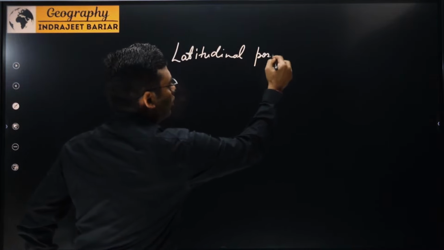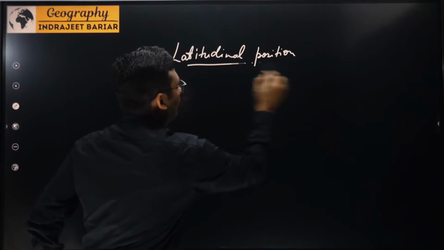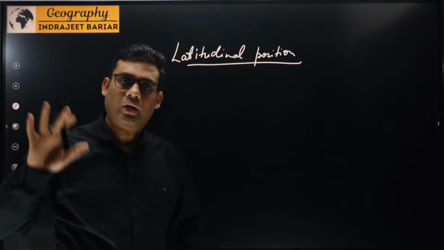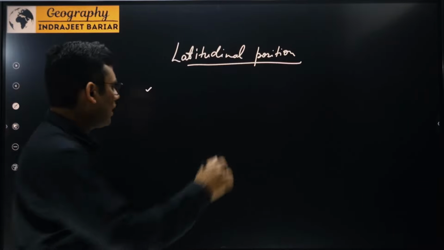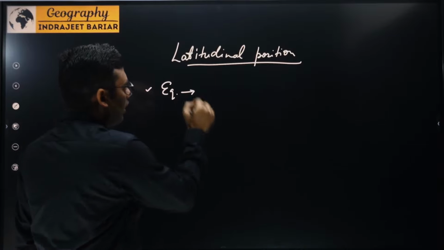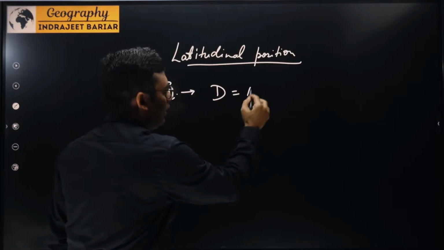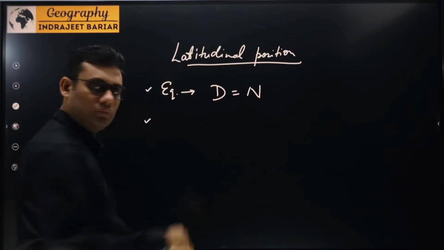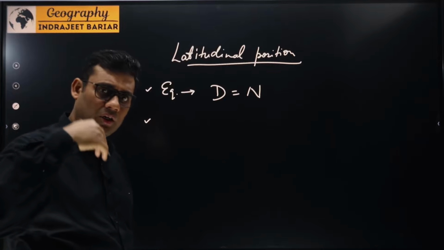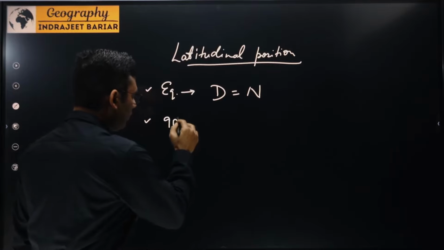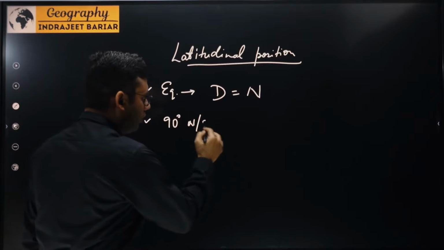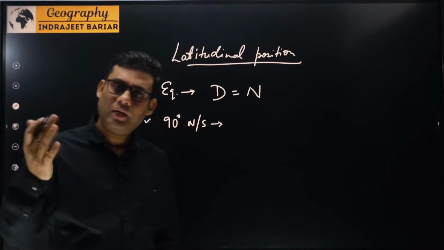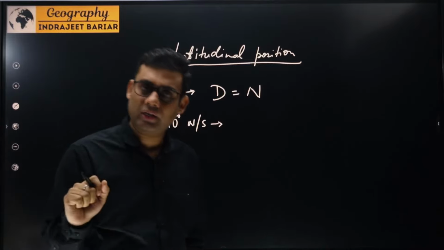So when I see latitudinal position, in this case, the differences in the length of day and night definitely are going to be impacted. Take for example, at the equator, day and night are equal. As I move away, and when I reach, let's say, 90 degrees north or south, what happens over here is for 6 months you have daylight, for 6 months you have night, complete darkness.